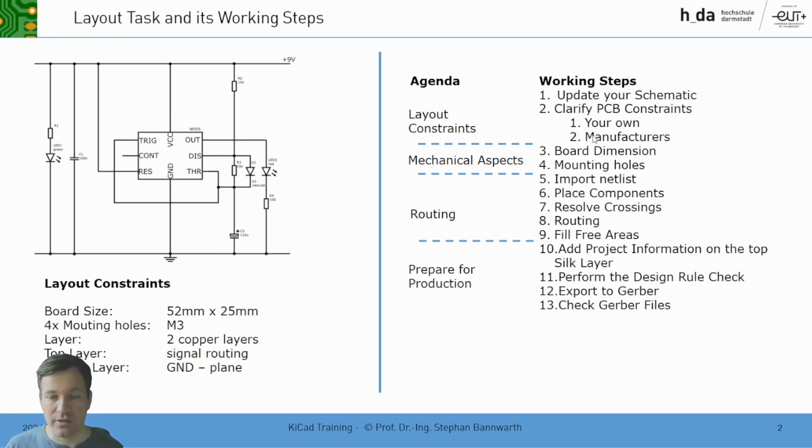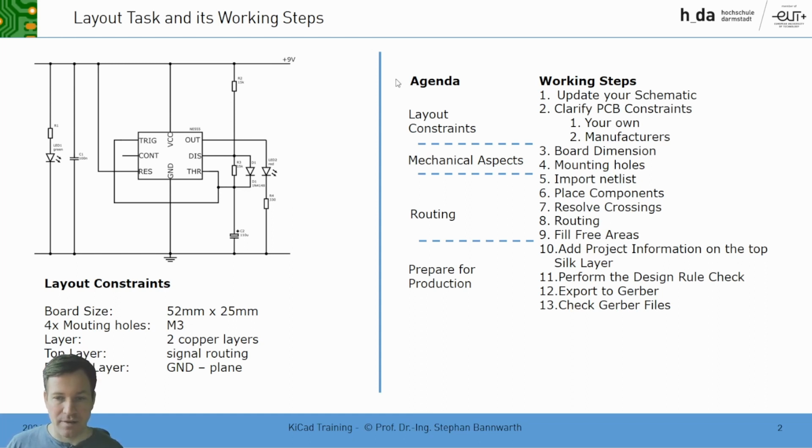The manufacturer's constraints are coming from the side, what distances you have to take between traces, what's the minimum width of a trace, etc. So these are the 2 constraints which have to be clarified before you start layouting, especially before you start routing. Otherwise, maybe you make a nice looking board, but it cannot be produced because you drive the constraints of your manufacturer.